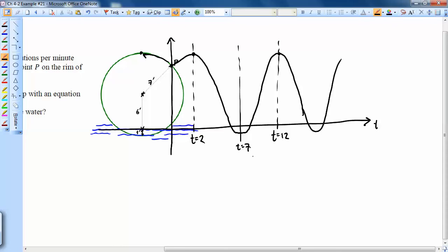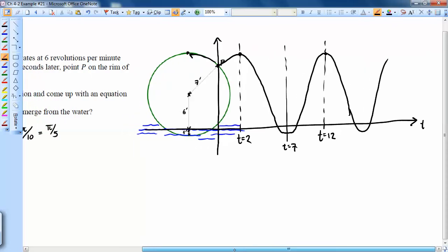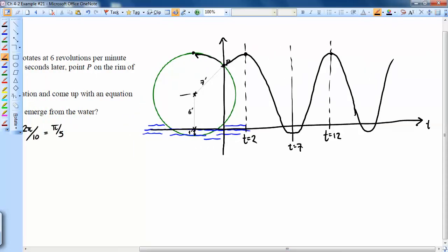Okay, so we also know that the midline right here is y equals 6, and the low point's at -1, and the high point is 6 plus 7 more, so the high point's 13, low point -1.